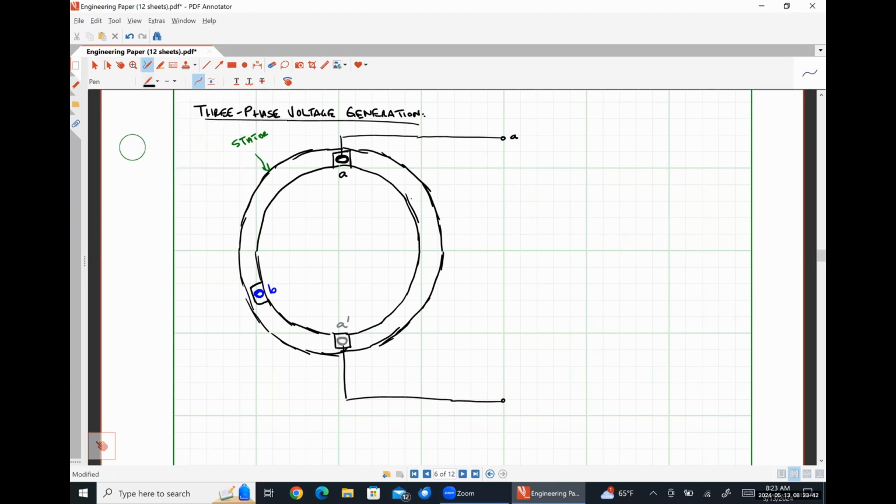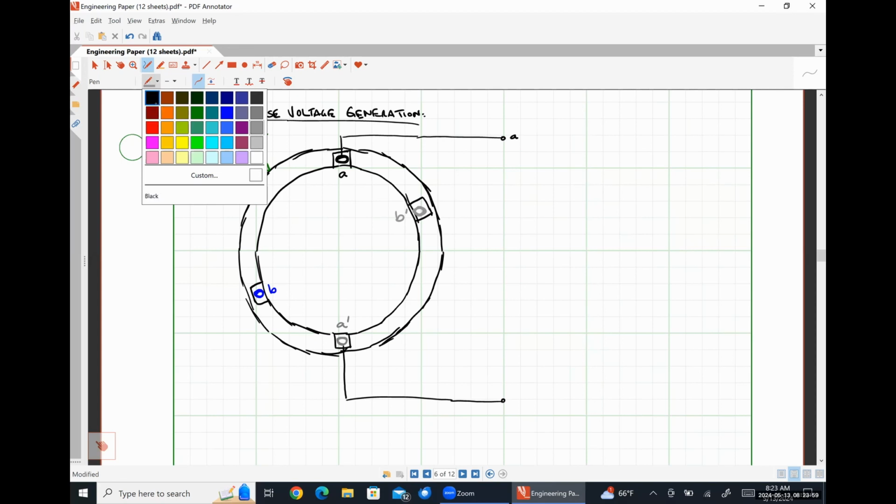And then 180 degrees across, we'll have the return path. Once again in gray, and I'll call this one B prime.